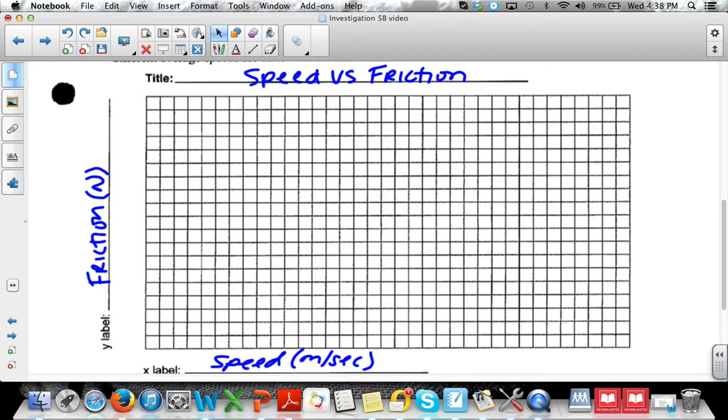Okay, I'm going to count every other one again. So we'll go 0.1, 0.2. Sorry, lost count. This one was 0.9 and then I have 1.0.